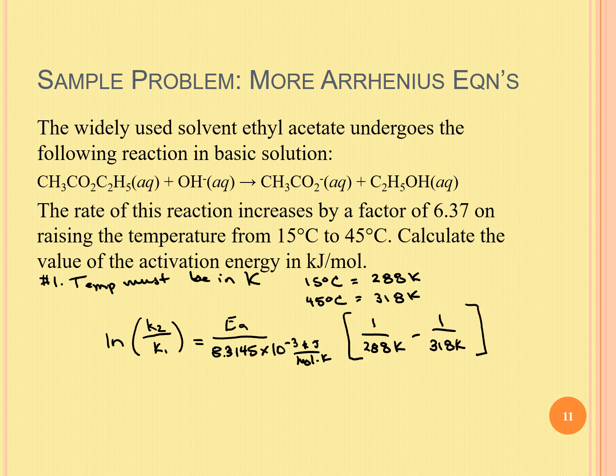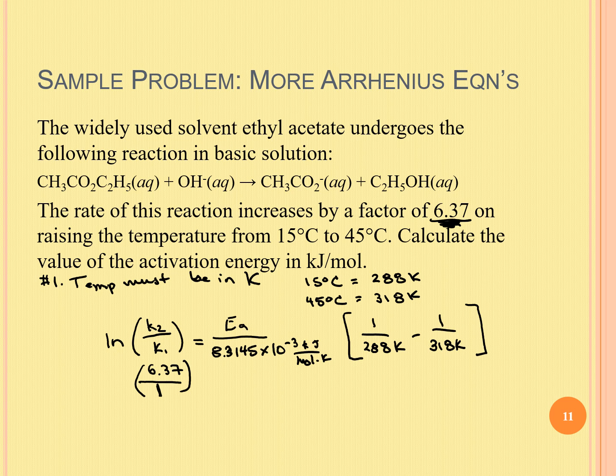So what are my K2 and my K1? I know that the rate of this reaction increases by a factor of 6.37. So what if I called K1 1? Well, if the rate increased by a factor of 6.37, then K2 has to be 6.37 times greater than 1, which is 6.37.